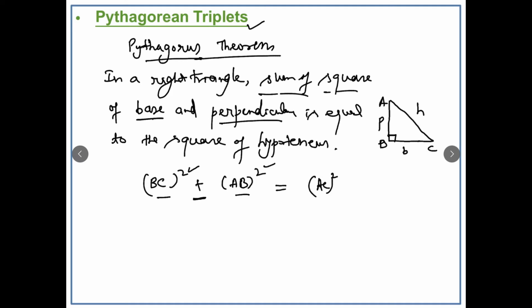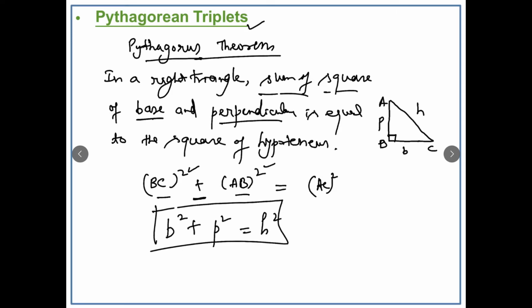Or you can write in symbolic form that base B square plus perpendicular P square is equal to hypotenuse H square. This is the general formula derived from the Pythagoras theorem.